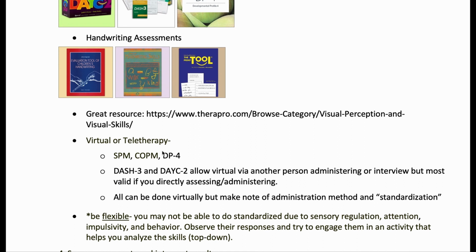You could also do these assessments, but the validity may not be as strong because you may need to have someone else administer it, or may need to interview a caregiver or someone close to get a better representation of the child's needs. But again, you're not getting it direct from observing yourself and assessing them directly.